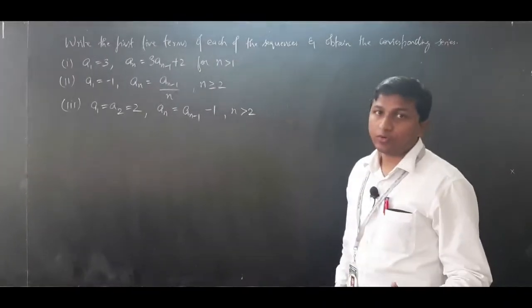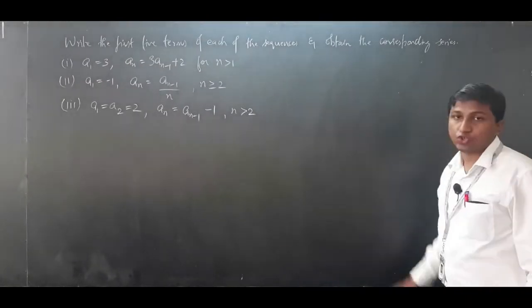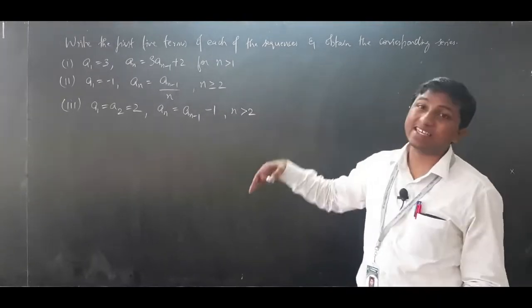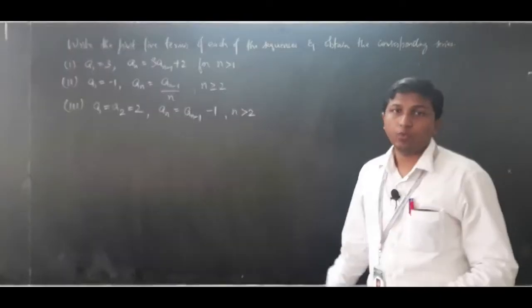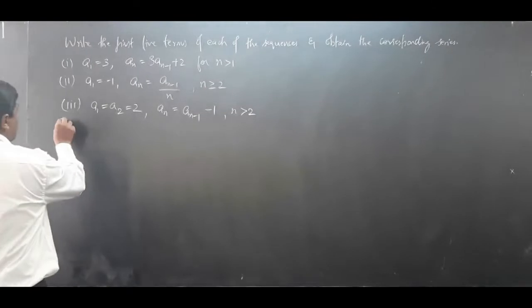We need to find out the first 5 terms, then we should also find out the corresponding series associated with that particular sequence. Okay, first we shall start with the first question.